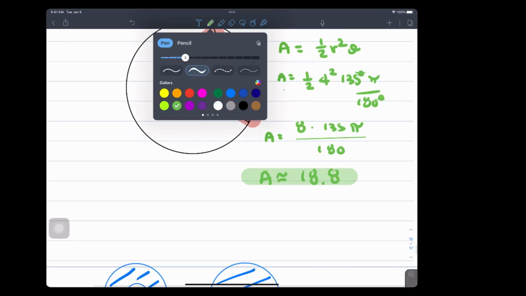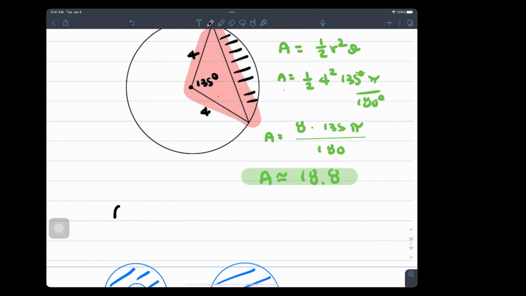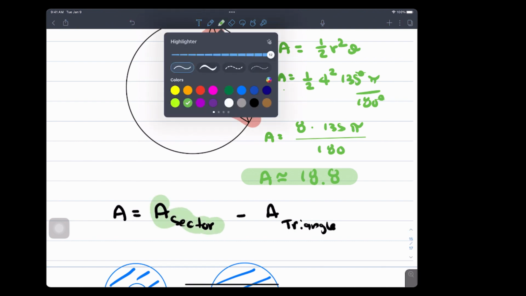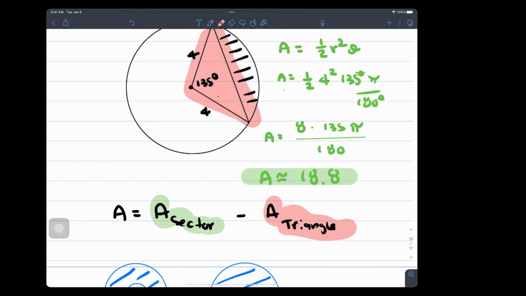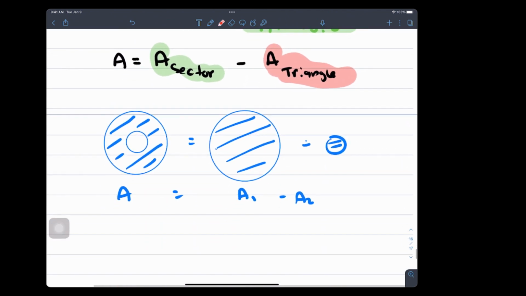So here's the idea. That area is the area of the sector in green minus the area of the triangle in red. It always reminds me, even though that's not a donut, of the donut analogy.